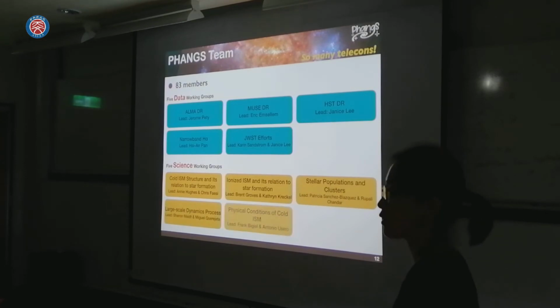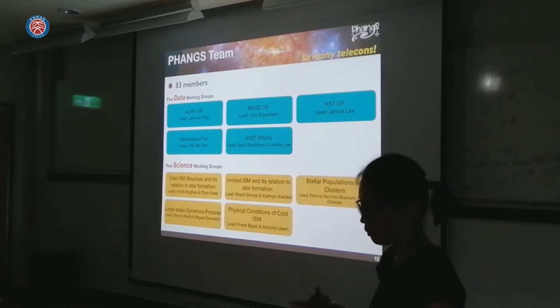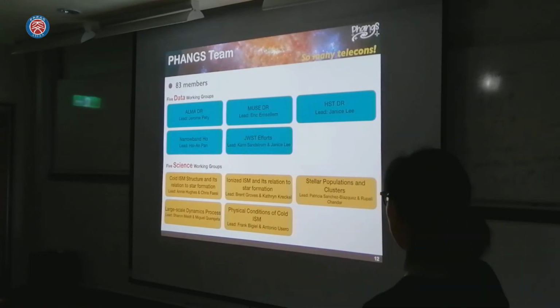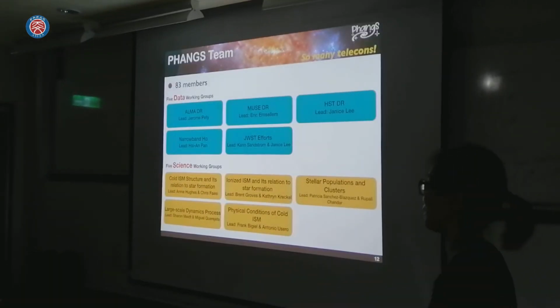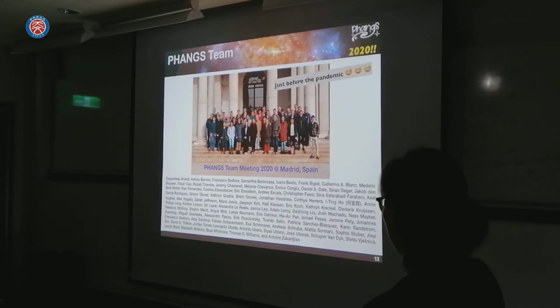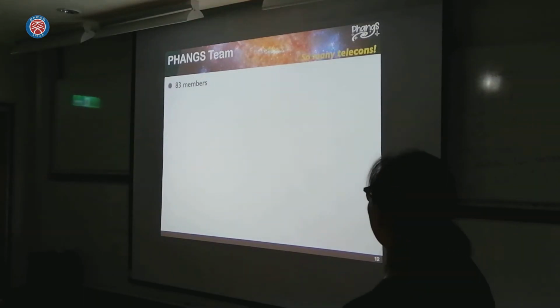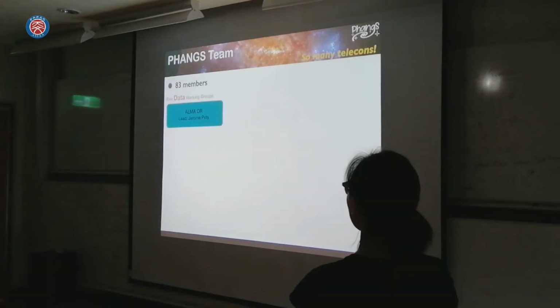And there are 5 science working groups. They are taking care of organizing our science ideas and pushing us to write papers. So if you would like to use PHANGS data, or you have any science idea, please contact the working group lead.